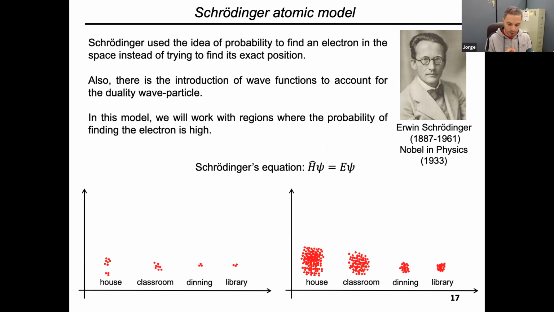Okay, so now we are going to use the idea of probability. Under normal conditions, imagine that someone will track everything you do at each hour of your day.